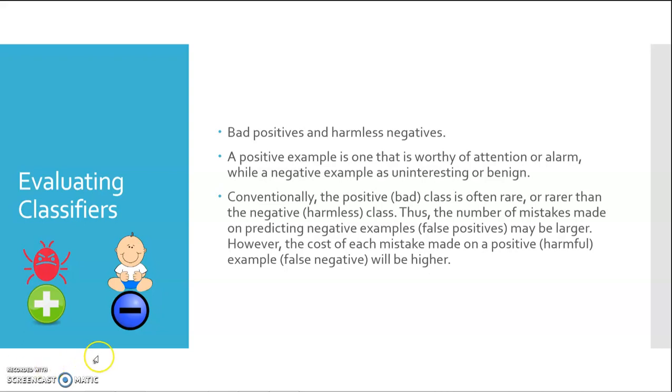Let's say, for example, we predict somebody is a fraud. That is known as a false positive. We predict this person to be a fraud, and fraud is a positive class, but he actually is not a fraud.